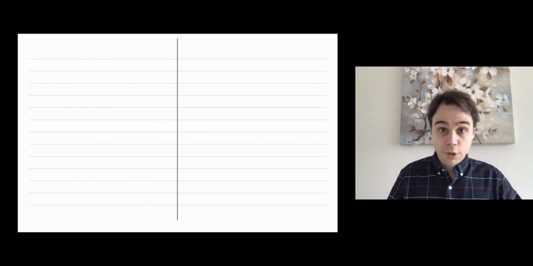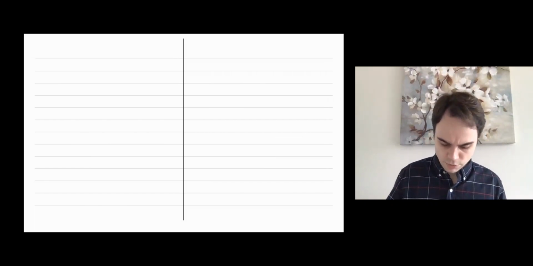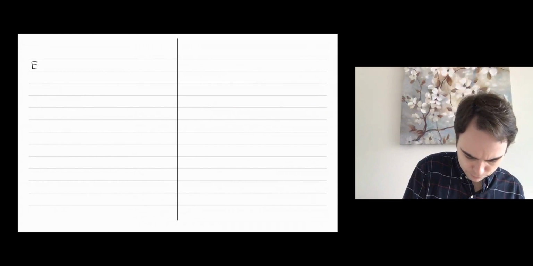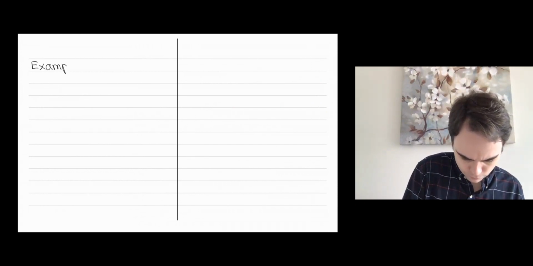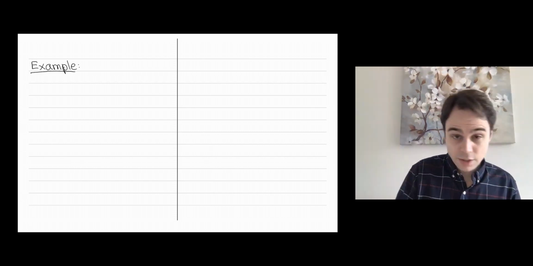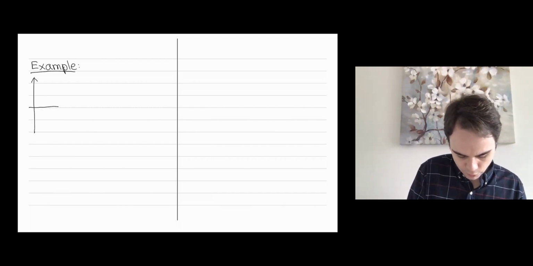So here's a very important skill, and that's to be able to describe familiar shapes in terms of new coordinates. For example, here's basically the most complicated example we've seen when we were working with polar coordinates.